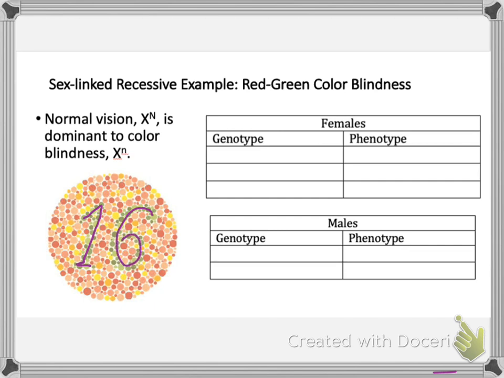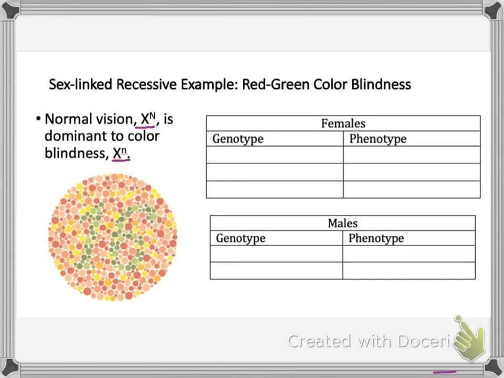So in this case, the number 16 is hidden in the test. If you have red-green color vision, you can differentiate between those colors and you can see that number. So in this case, normal vision is going to be our dominant allele, X big N, and color blindness is going to be X little n.